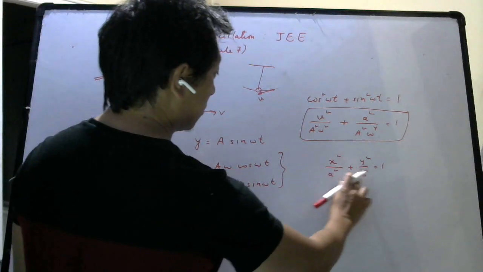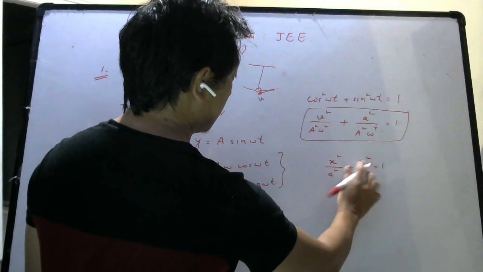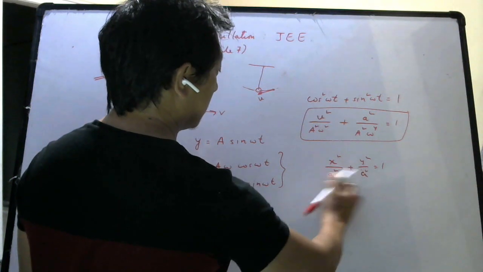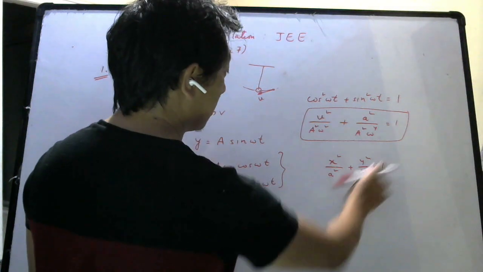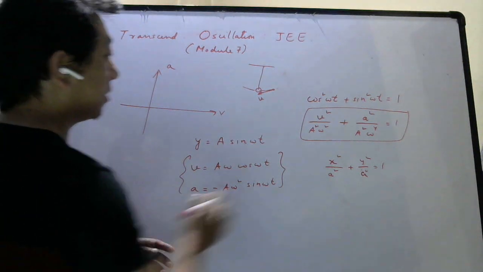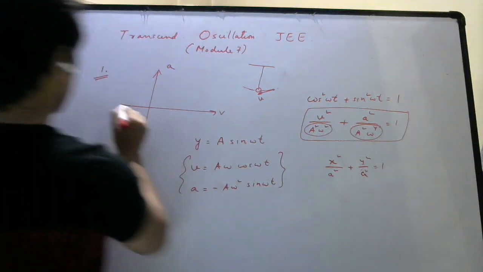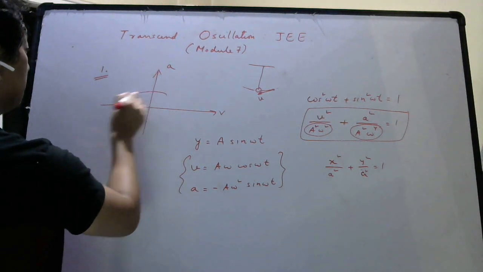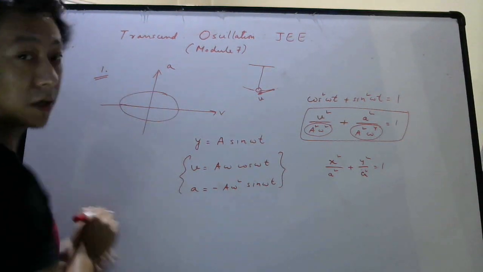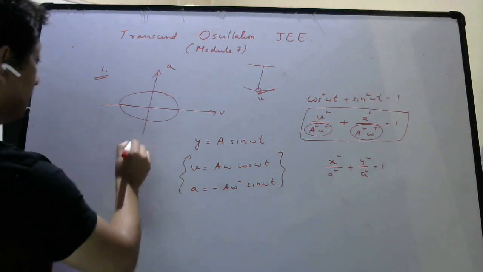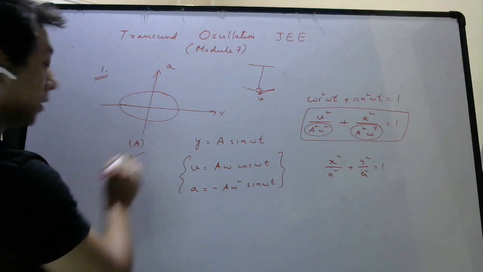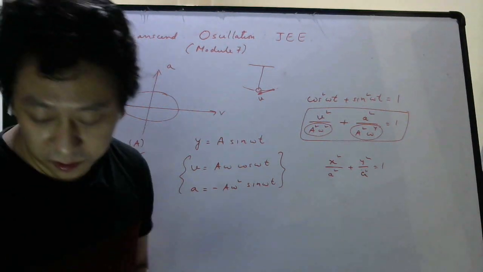If these two constants were the same, both were a, let us say, then you can take LCM a square and cross multiply, then you will get a circle. But you can see this constant here and this constant here are not the same. So the graph will be an ellipse. So the correct option would be option A. Fine. Let us see the next question now.